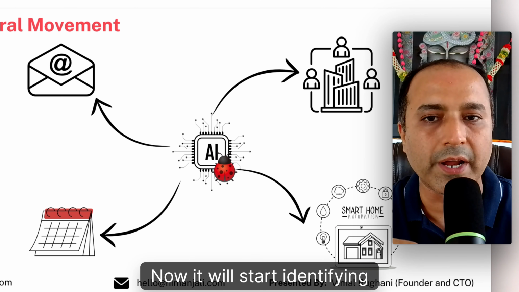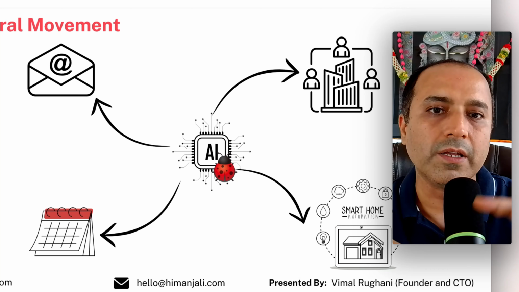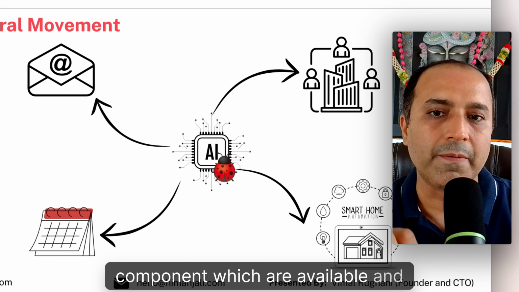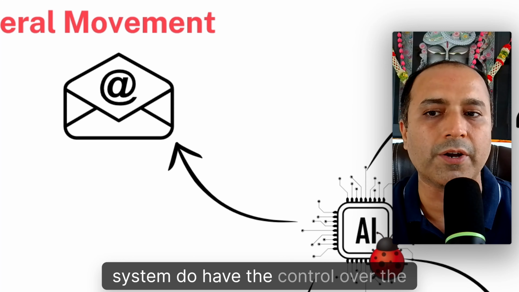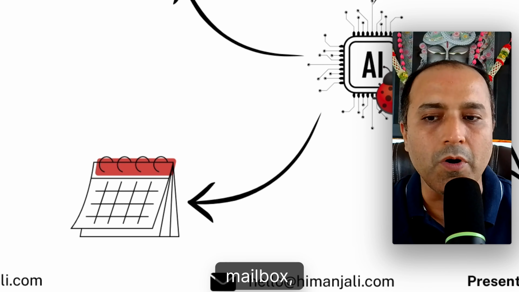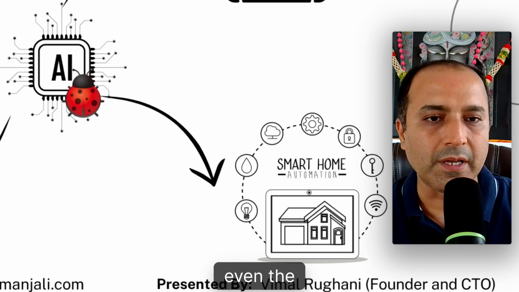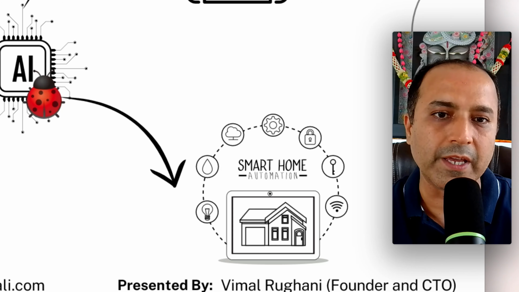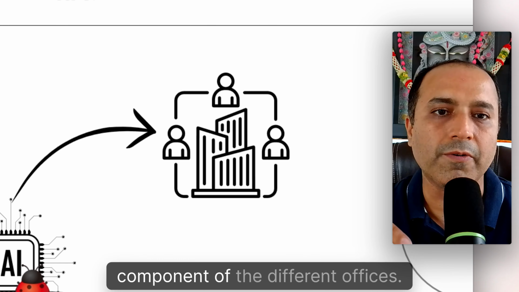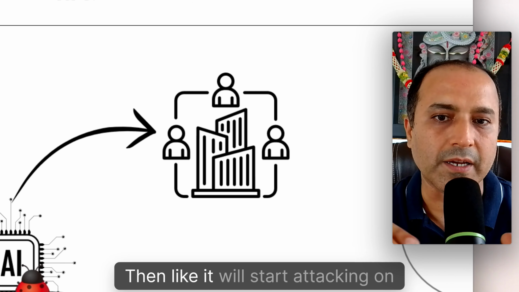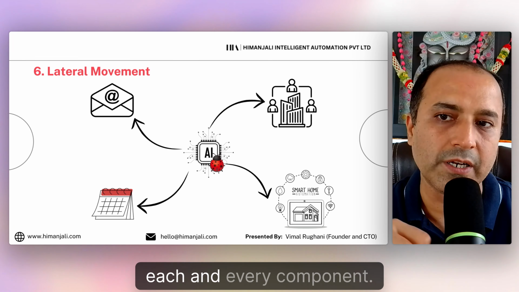Now it will start identifying all the components which are available and accessible, considering many AI automation systems have control over the mailbox, the calendar, even telephonic conversations, the smart home, or any other component of the different offices. Then it will start attacking each and every component.